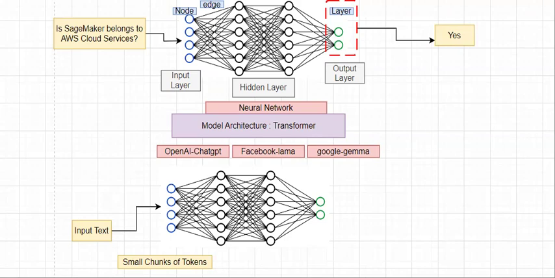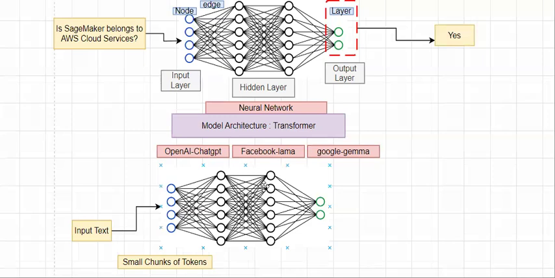Let's say the given input is converted into small chunks of tokens. Let's take one token as one word. Like that, each input will be converted into small chunks of tokens.